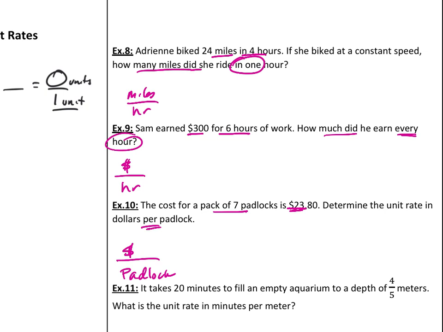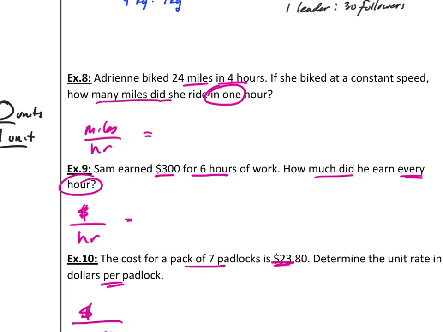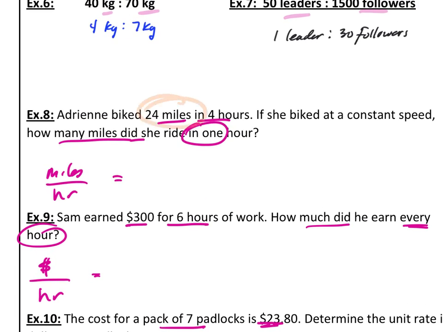Okay, so if I were you, I'd write out the units, and then write out what they ask us, just what's the original. So the original problem on this first one is if we have 24 miles in 4 hours. So write that down, 24 miles in 4 hours.